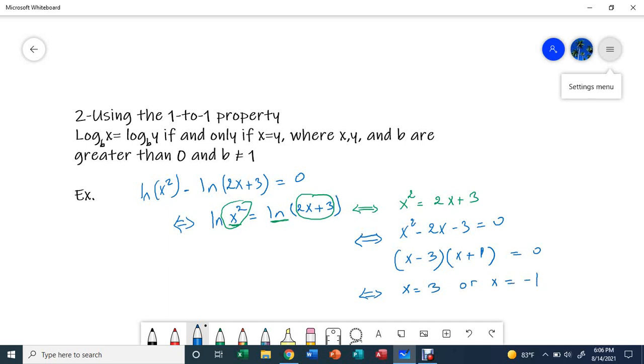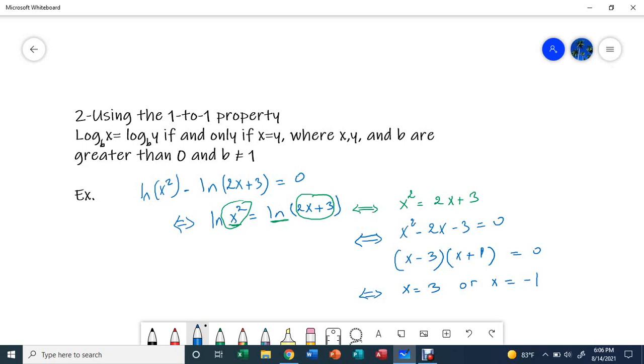x equals 3 is positive, so I have no problem with x equals 3. But x equals negative 1 is a negative number. Anytime you find a solution that is negative, you have to go back and check, because remember, the domain of logarithm is all positive numbers, not including 0.